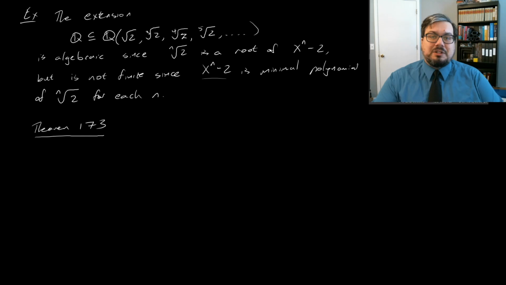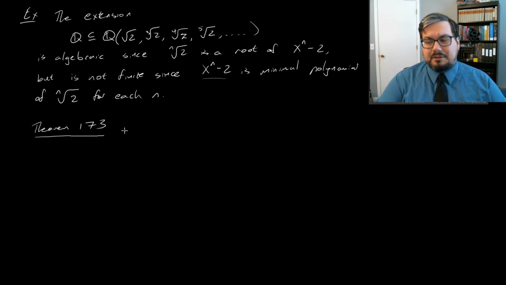And it's really going to be talking about finite extensions here. And a lot of what we're going to do next has to do with finite extensions, which are themselves algebraic. But we are going to be able to come back and talk about algebraic extensions in general near the end of this section.